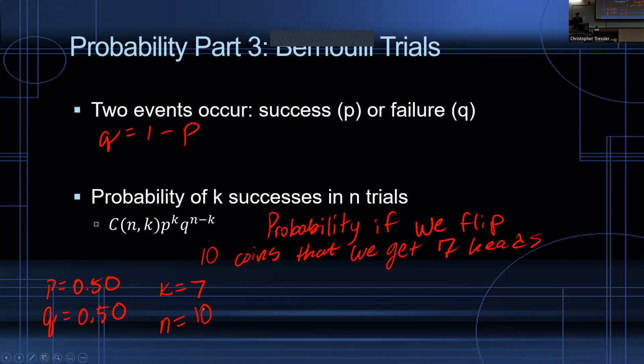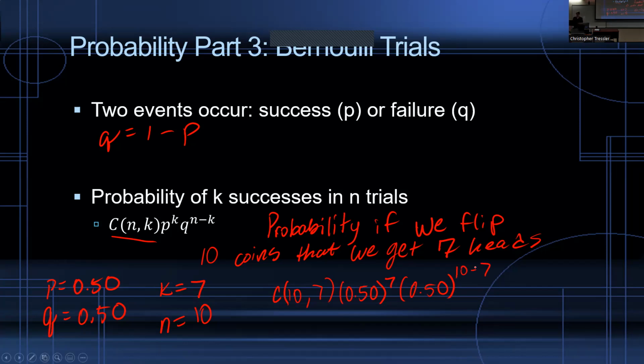So now if we plug it into this formula, we're going to get C, and once again, this is the combinations that we talked about earlier. We have an n of 10, a k of 7, and we're going to go 0.5 to the power of k, which is 7, times 0.5 to the power of n minus k, which is 10 minus 7.